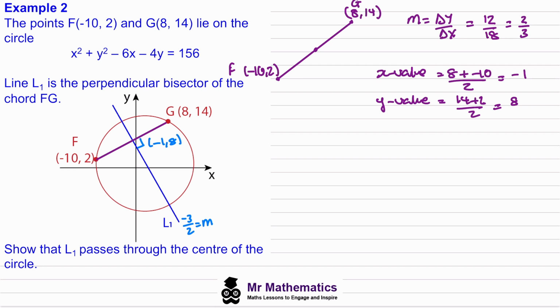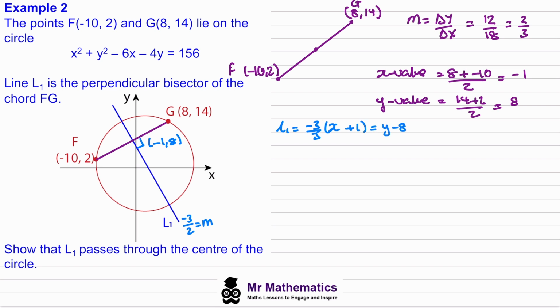So if we work out the equation of line L1, we'll use the standard equation of a line. We'll have the gradient -3/2 multiplied by x minus x1, and minus the -1 makes +1, will equal y minus 8.